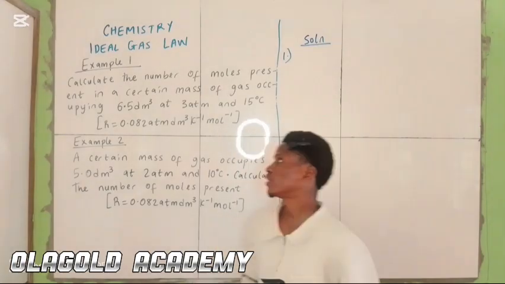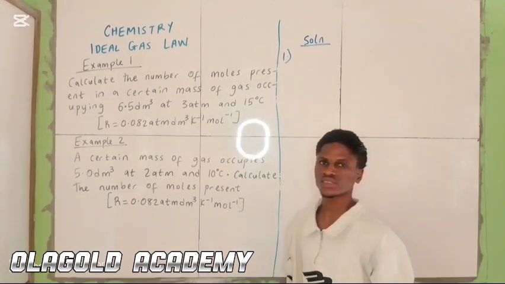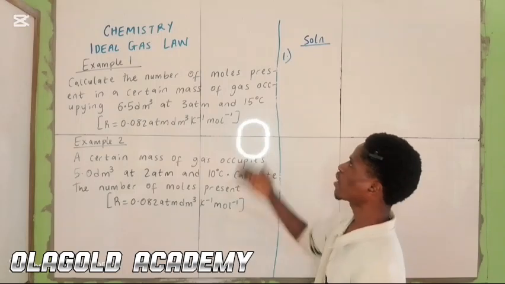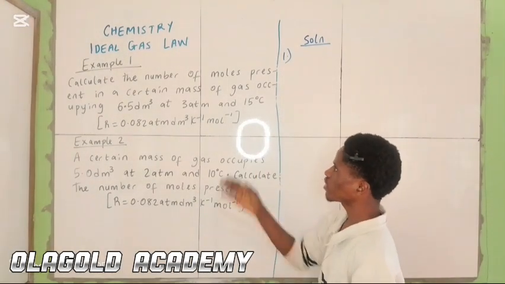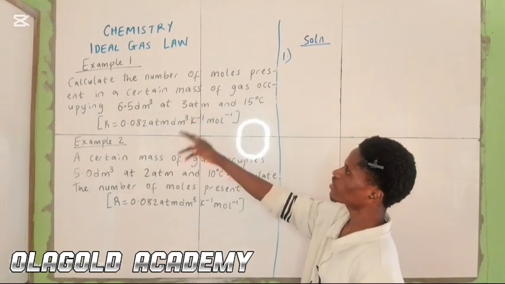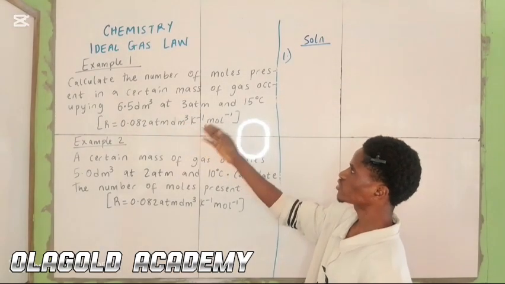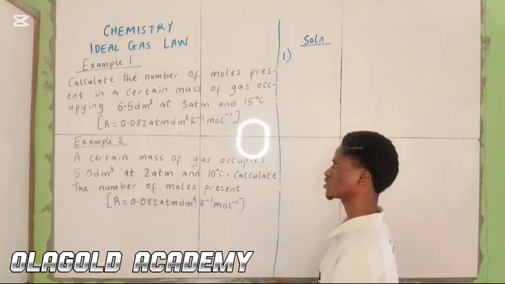Alright, example 1 says: calculate the number of moles present in a certain mass of gas occupying 6.5 dm cube at 3 atm and 15 degrees Celsius.